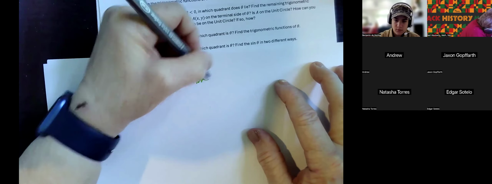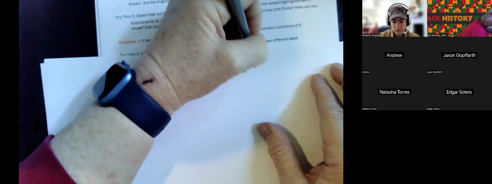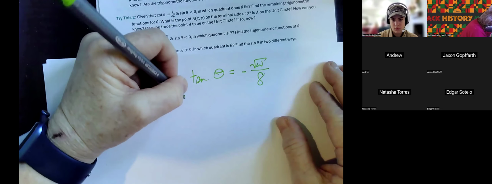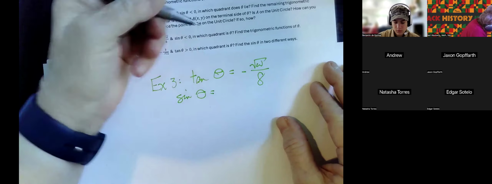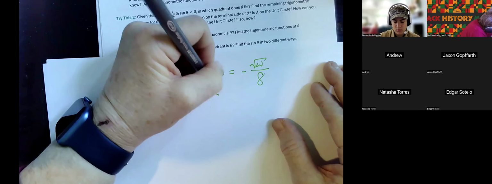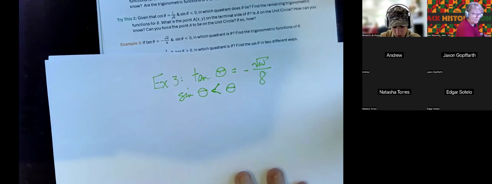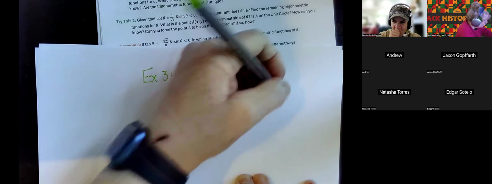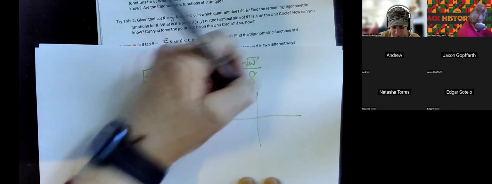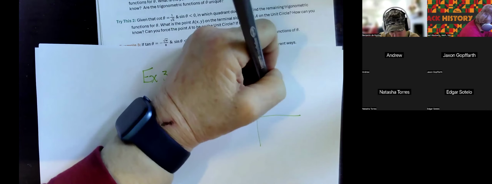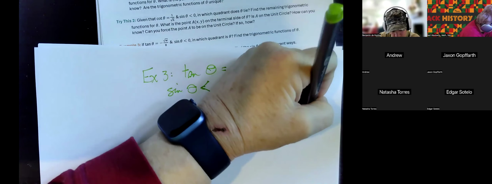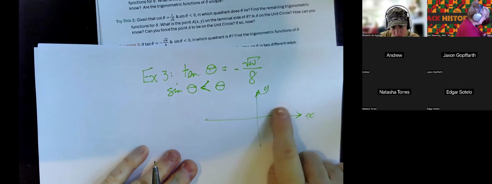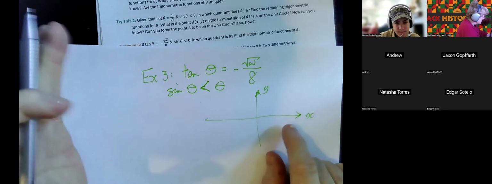the tangent of theta is negative square root of w over 8. And they tell us that the sine of theta is negative. So let's just draw a quick coordinate axis and look at signs.